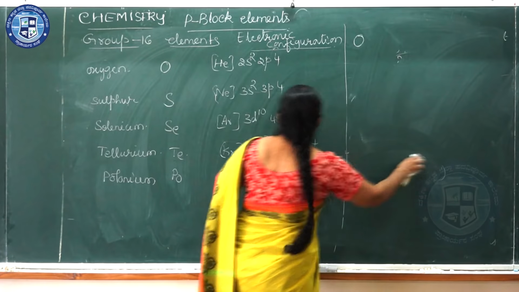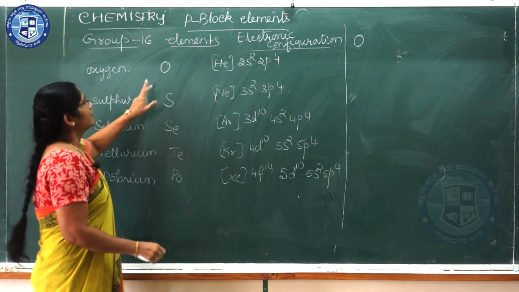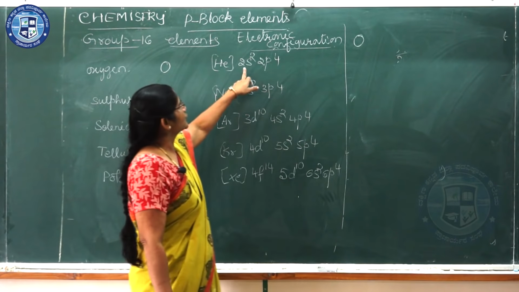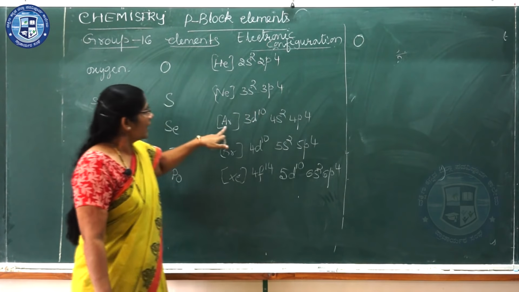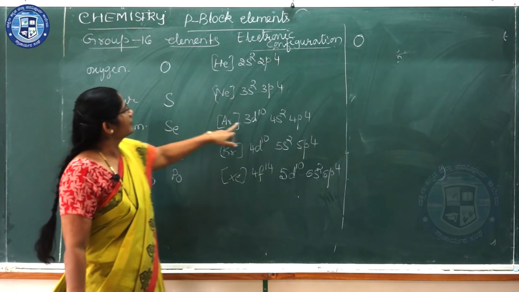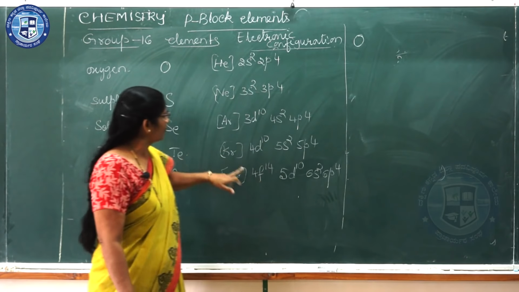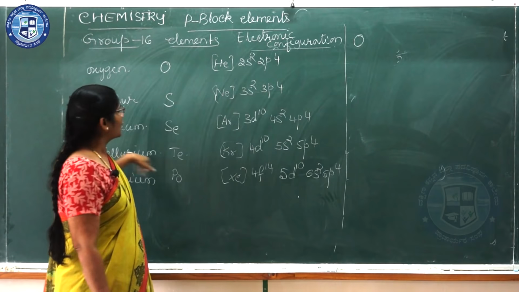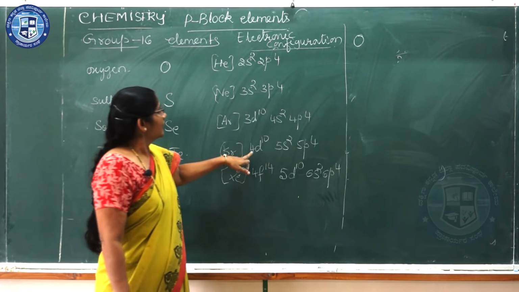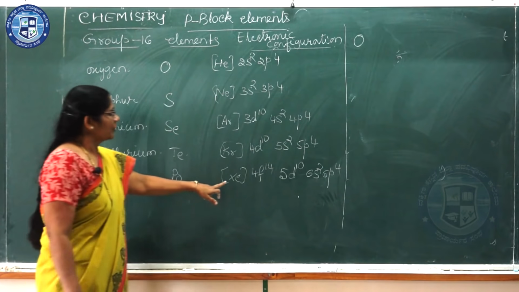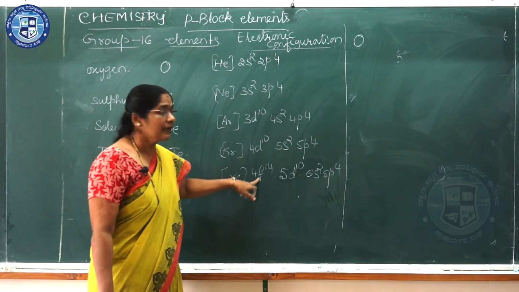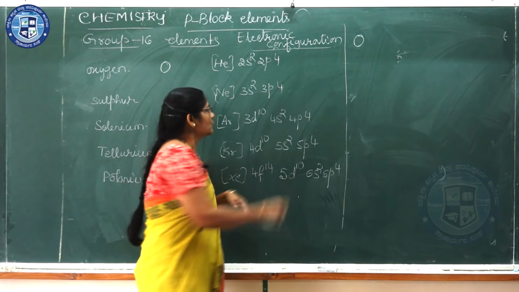to Hund's rule. Now, oxygen with atomic number 8 is 2s2 2p4. Next, sulfur is 3s2 3p4. After argon, selenium is 3d10 4s2 4p4. Krypton, tellurium after krypton is 4d10 5s2 5p4, and polonium with the xenon core is 4f14 5d10 6s2 6p4.